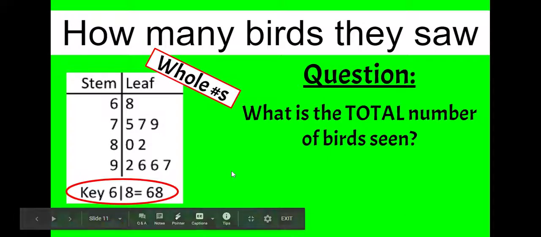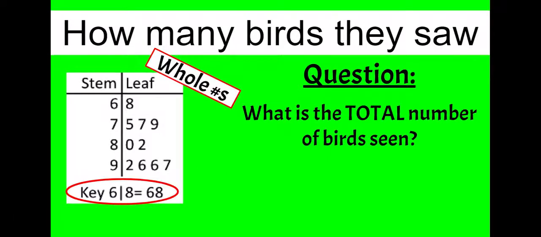If we all saw a different number of birds, go ahead and pause this if you need to. What was the total number of birds that we all saw? If you answered 842 birds, then you are correct.